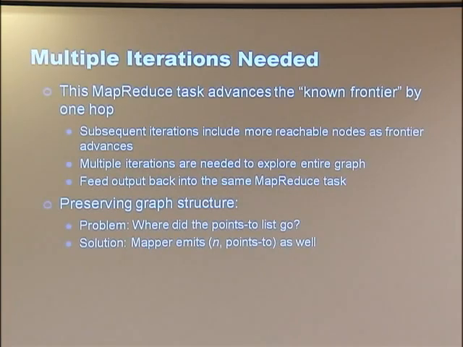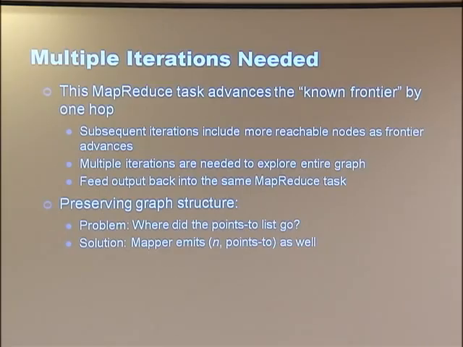But you might be wondering, where did the graph structure go? We're just emitting distances. I've lost the adjacency list somehow. So that's the only trick in this algorithm: you have to pass the adjacency list along also. The reducer has to be smart enough to put together all the pieces.